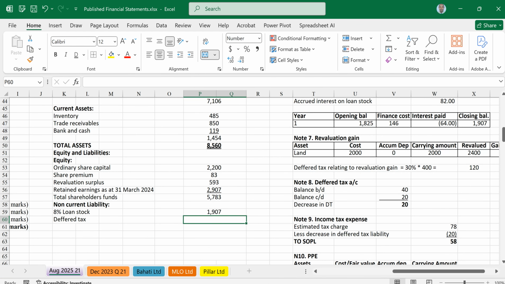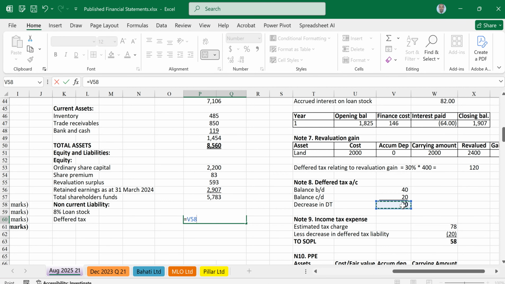Deferred tax is 20, the balance carried down.